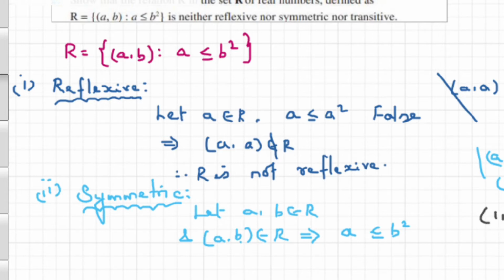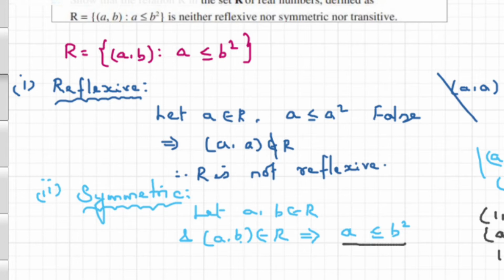Suppose the ordered pair, taking integers, is (1, 2). This is (a, b), where a is 1. a less than or equal to b squared: 1 is less than the square of 2, which is 4.